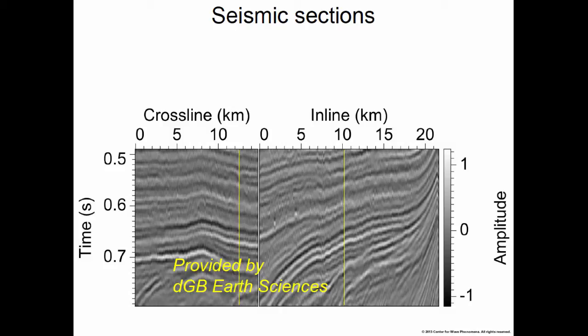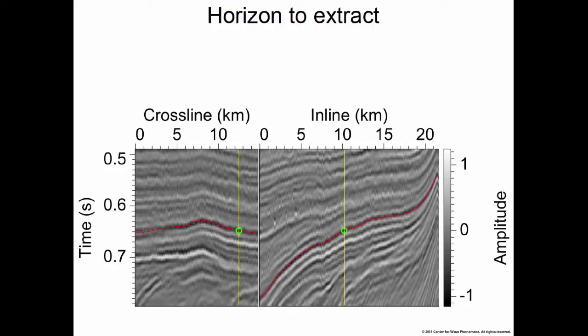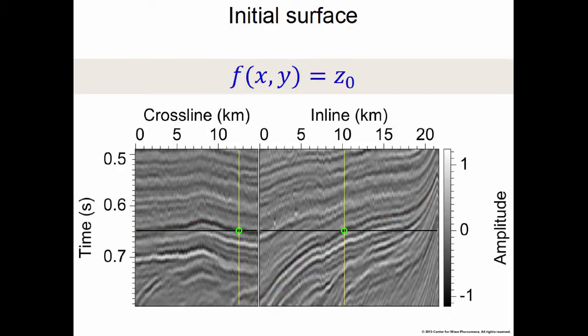This is a simple case because all the seismic reflectors here are strong, clean, and continuous. To extract a seismic horizon, we first define a control point to indicate the seismic horizon we want to extract. Then we initialize a horizontal surface which also passes through the control point.